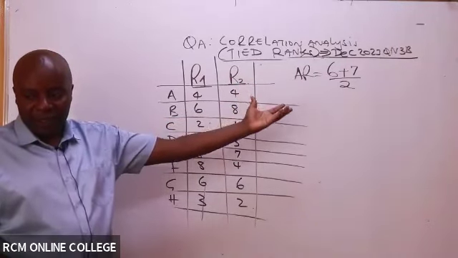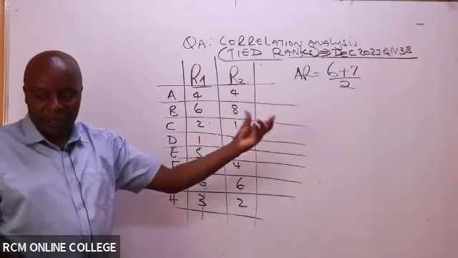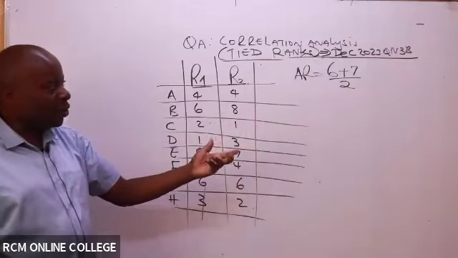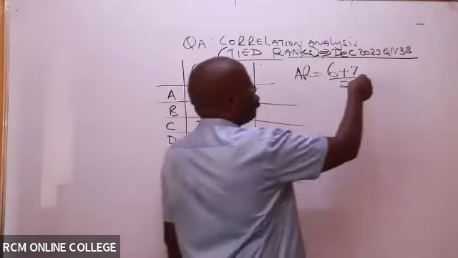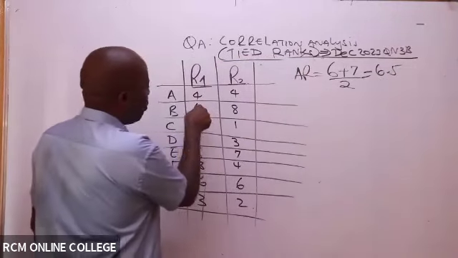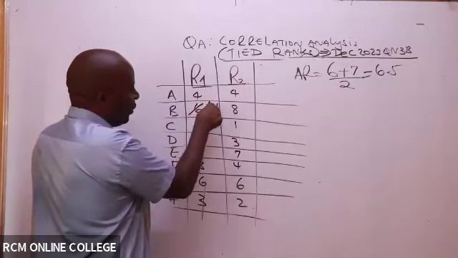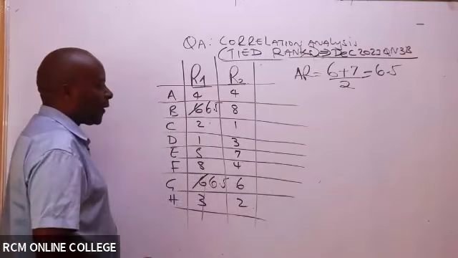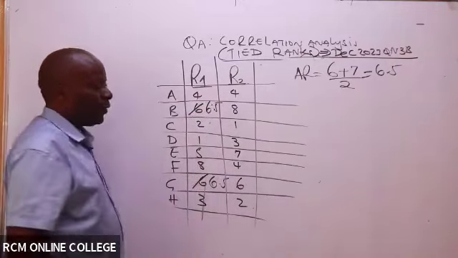It is 6 plus 7, that is 13. 13 divided by 2, that is 6.5, isn't it? So each one of those two members will receive 6.5. So you rub this slightly, give it 6.5, rub this slightly, give it 6.5 like that.